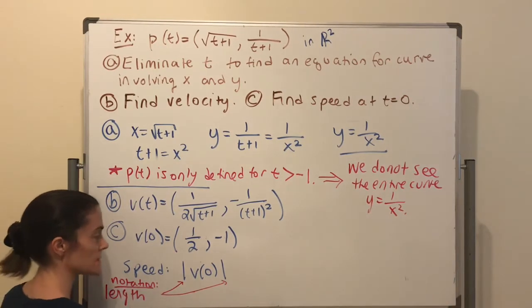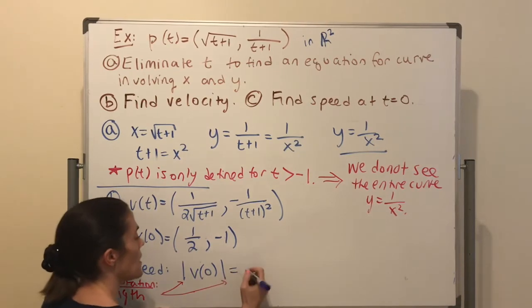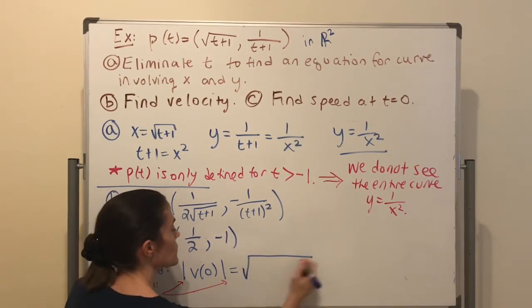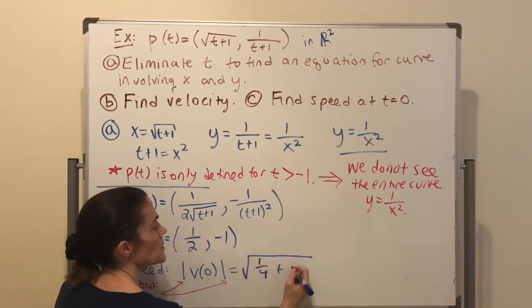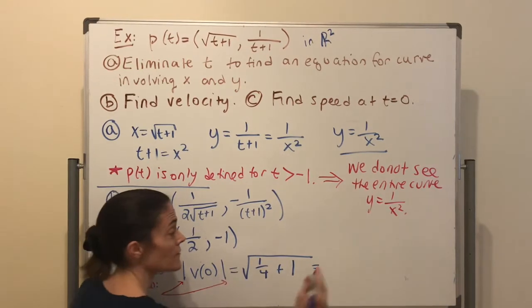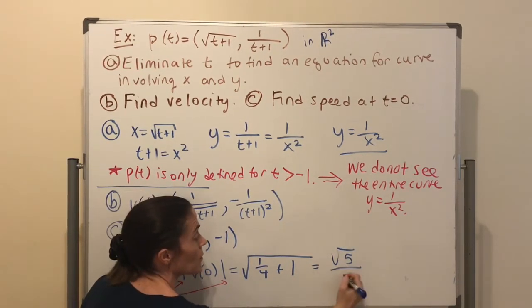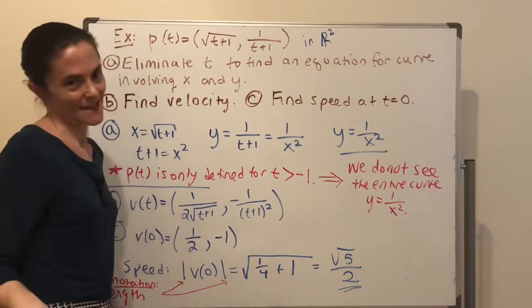Okay, that's just a comment. Well, here we go. The speed, which is the length of v of 0, this would be the square root of a half squared plus -1 squared. This is the square root of 5/4. So this is the speed at time t equals 0.